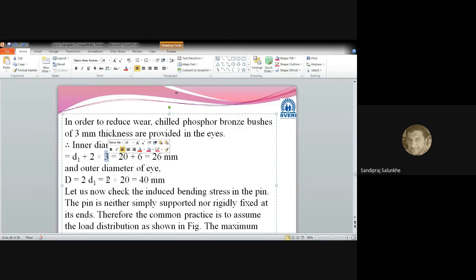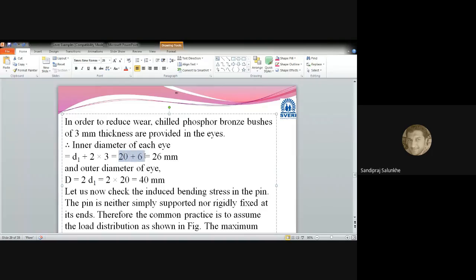You can consider it as 2 millimeter thickness, because the load which is coming is comparatively very low, and that's why it can be 2 millimeter. But here we have chosen the same bush, of 3 millimeter thickness.